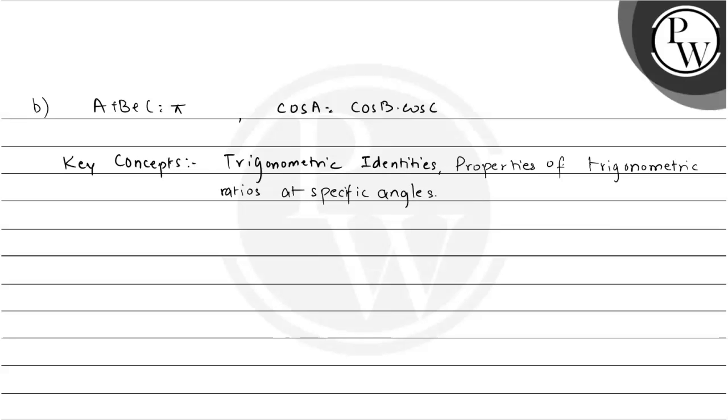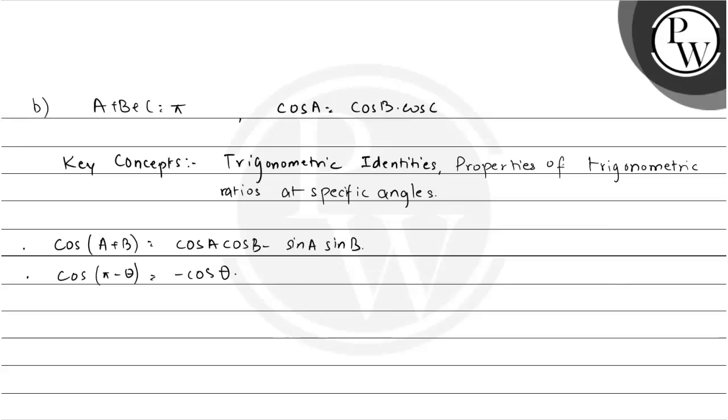So the trigonometric identity I'm going to use over here is cos of A plus B is equal to cos A cos B minus sin A times sin B. That's it. And the property of trigonometric ratio I'm going to use over here is cos of pi minus theta, where theta must be in radians or some angle suitably, is equal to minus cos of theta.